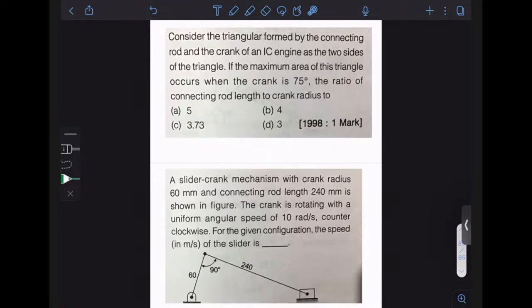Okay? I'm giving you 5 minutes for both. 3 minutes for question number 1 and 3 minutes for question number 2. Okay, everyone, try to do it.